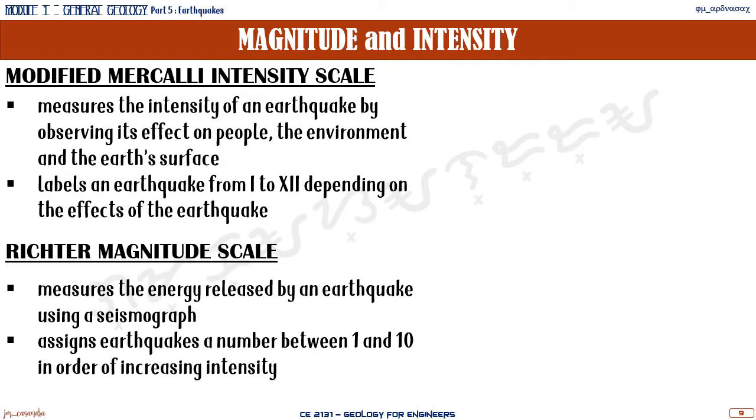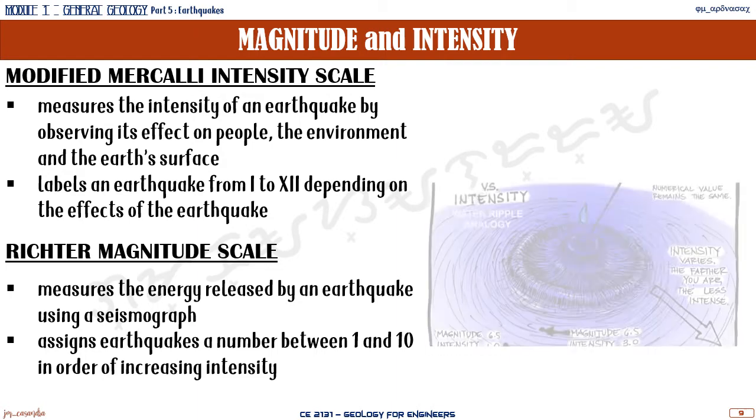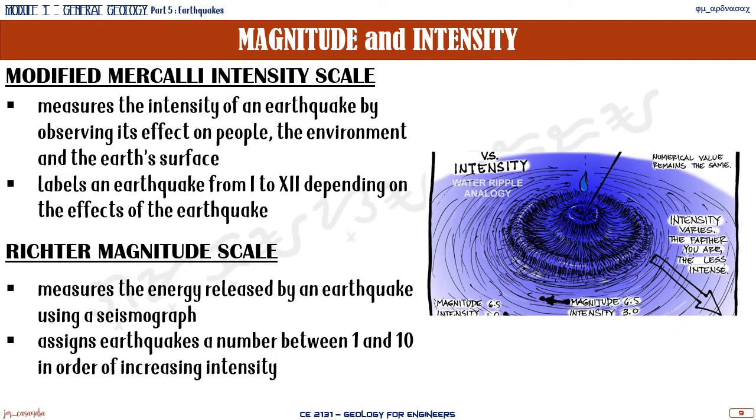So in comparison, an analogy for magnitude and intensity would be a ripple from a drop of water. The drop of water will be the cause of the vibration. This is your focus, or the specific spot where the vibration originates.